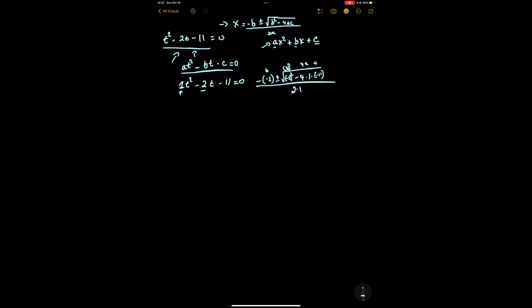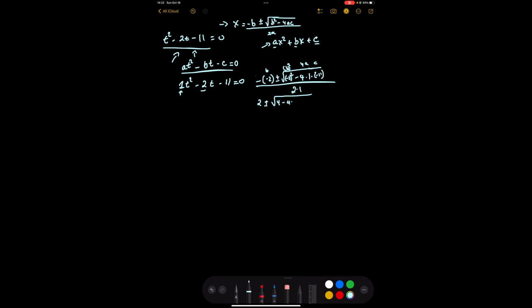So now we can see how it's written. What's next? Well, what is negative b? It's going to be positive 2. So it's going to be 2 plus or minus the square root of negative 2 squared, which is 4, minus 4 times 1 times negative 11.